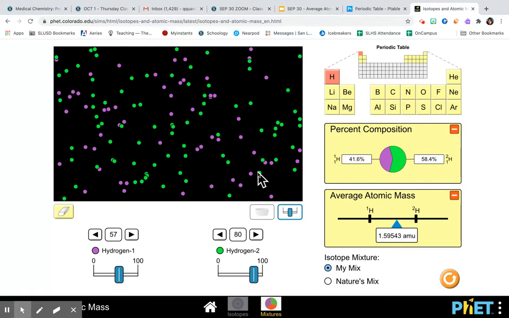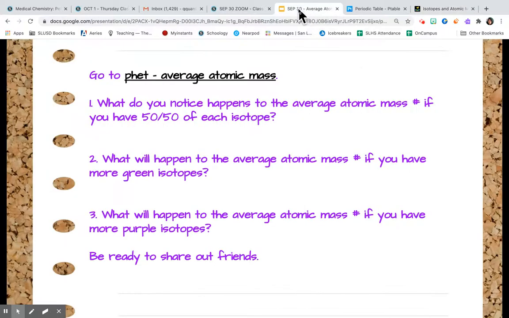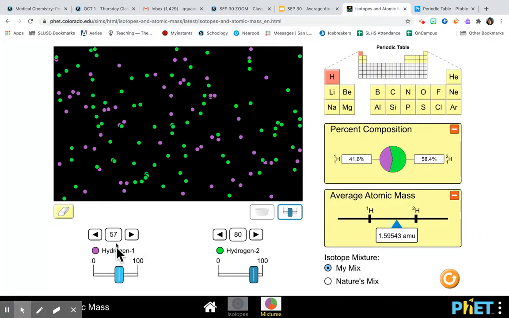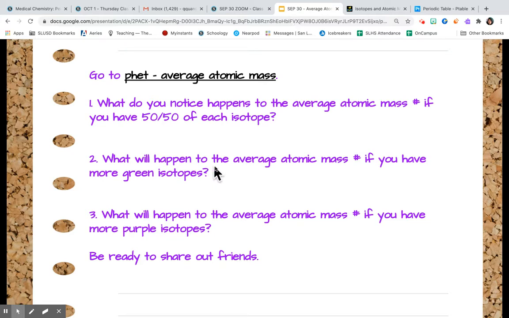Specifically, as you're moving these toggles, I want you to answer 3 questions. First, what do you notice happen to the average atomic mass if each isotope is set at 50 and 50? Secondly, what will happen to the average atomic mass if you have more green isotopes?